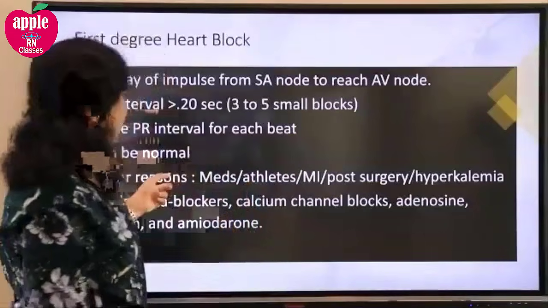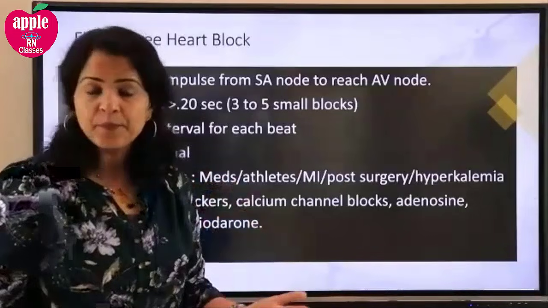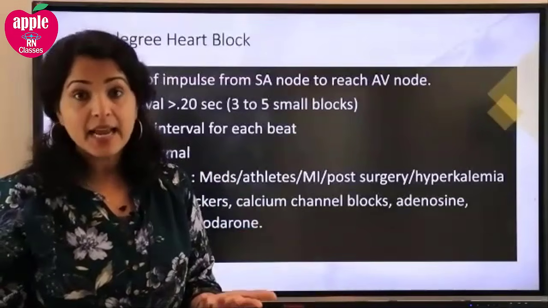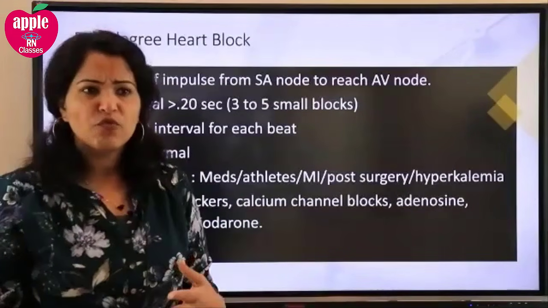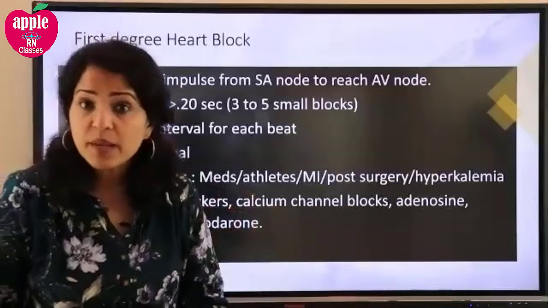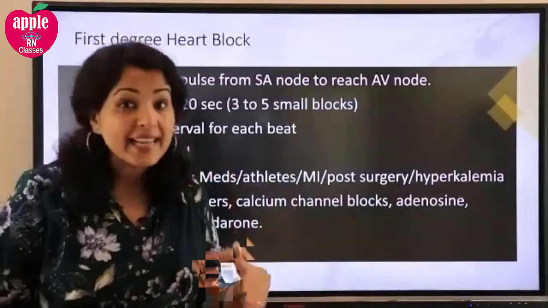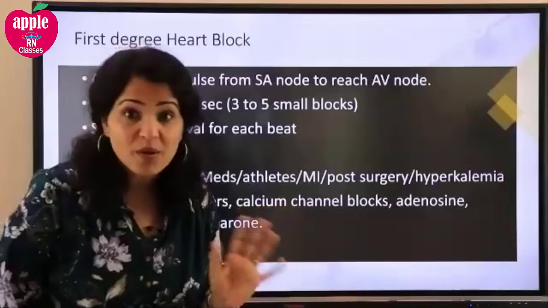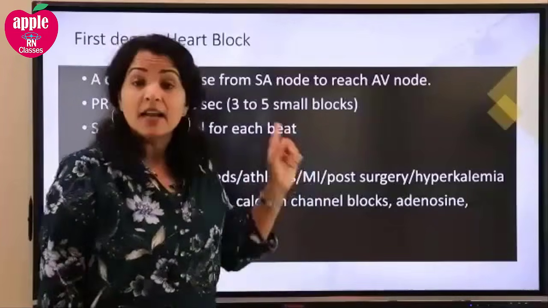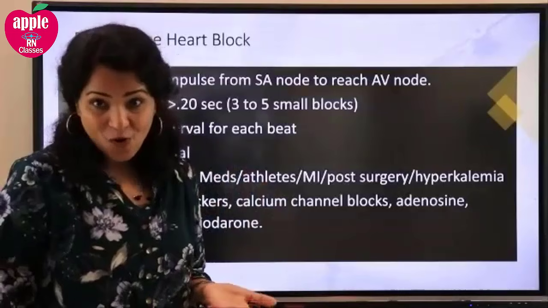And the third thing is, what is the reason? Just like I said, sometimes very good athletes, the sports people, people who are great athletes, have bradycardia and it's not a problem for them. Just like that, these people can have a first degree AV block also.